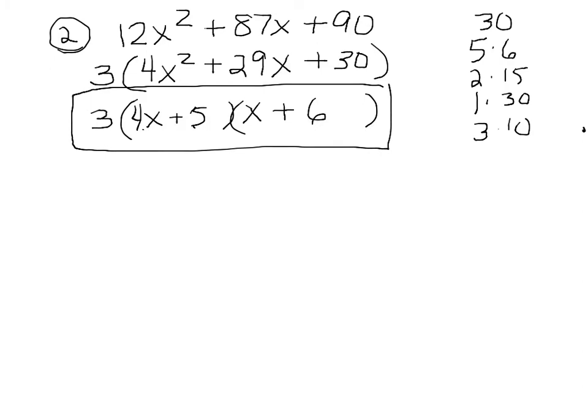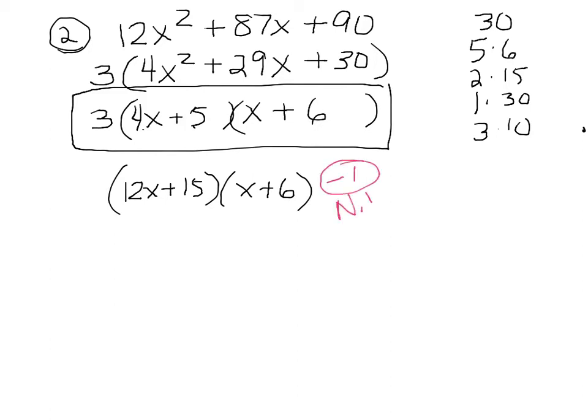Some students may give me something like this, 12x plus 15 times x plus 6. But on something like this, I would subtract 1 on a quiz or a test, and I would say not factored completely. So this right here has to be factored all the way down.